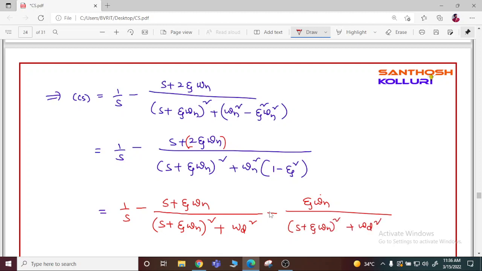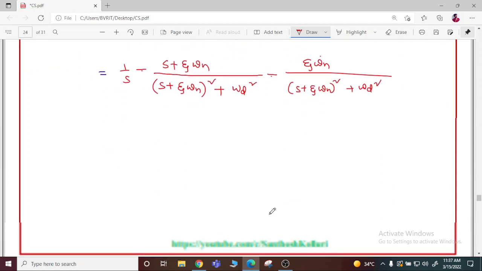I just divided the 2 zeta omega n into two terms of zeta omega n, so here we get minus and here we get minus. And omega d is equal to omega n into root of 1 minus zeta square. If you square both sides, this will be omega n square into (1 minus zeta square), so I have replaced it here.